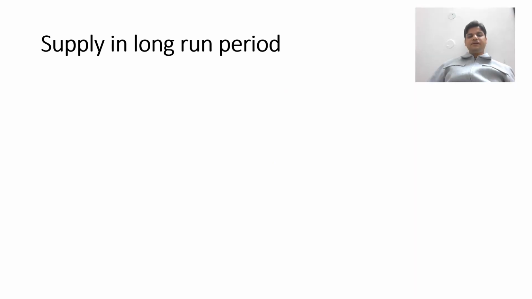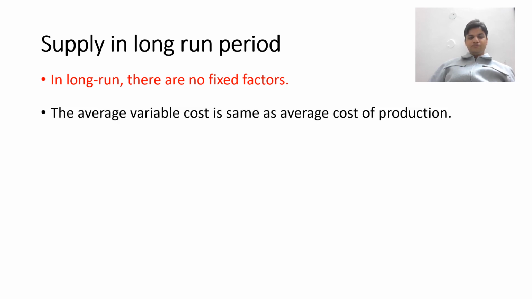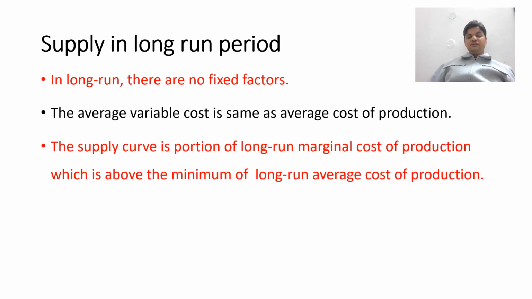Supply in long run period. So in long run, there are no fixed inputs. So in short run, we had both variable as well as fixed input. The average variable cost is same as average cost of production because there is no fixed cost. The supply curve is the portion of long run marginal cost of production which is above the long run average cost of production.